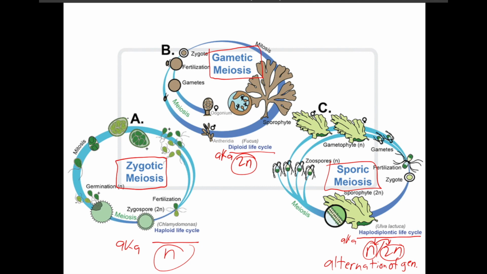For your zygotic meiosis, also known as your haplontic life cycle, the haploid stage is the dominant one. For your diplontic life cycle or your gametic meiosis, the diploid stage is the dominant one. For the haplodiplontic life cycle, they alternate between the N and the 2N individual.